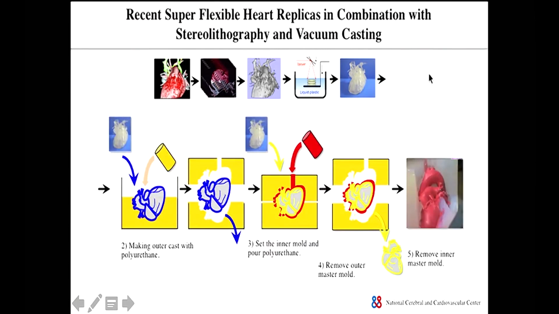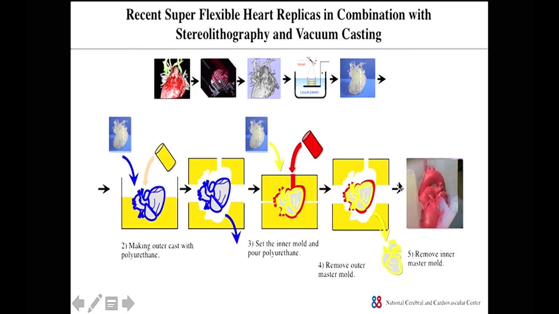So next we tried to make a 3D printing model with stereolithography followed by a vacuum casting method. After making the stereolithography model, we put this model into polyurethane and make two different types, outer and inner casts of the plastic model.